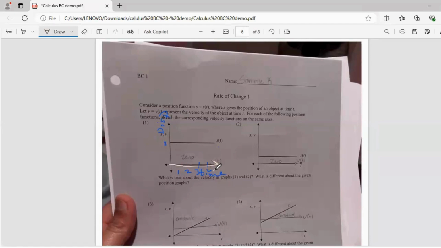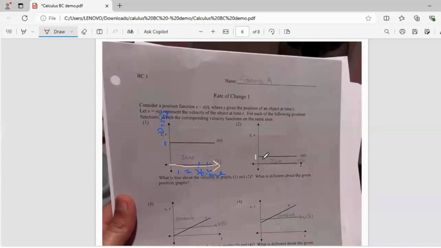So wherever your position graph is a horizontal line, velocity is going to be zero. Now, if you look at the next graph, again position is a horizontal line, which means position is not changing. If this is 1 along the y-axis, my position is 1 irrespective of the time. At time t equal to 1 second, I'm at a distance of 1 unit.